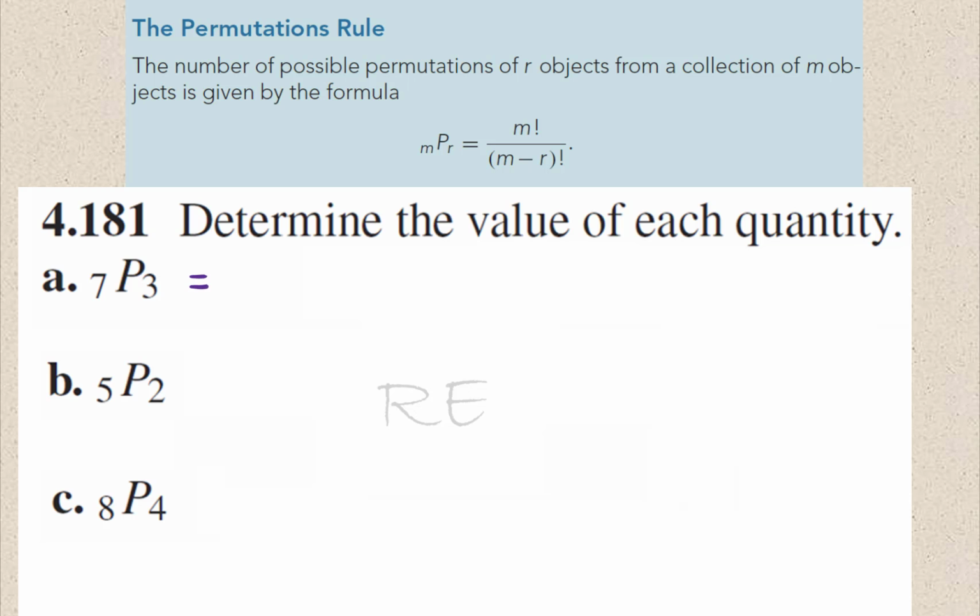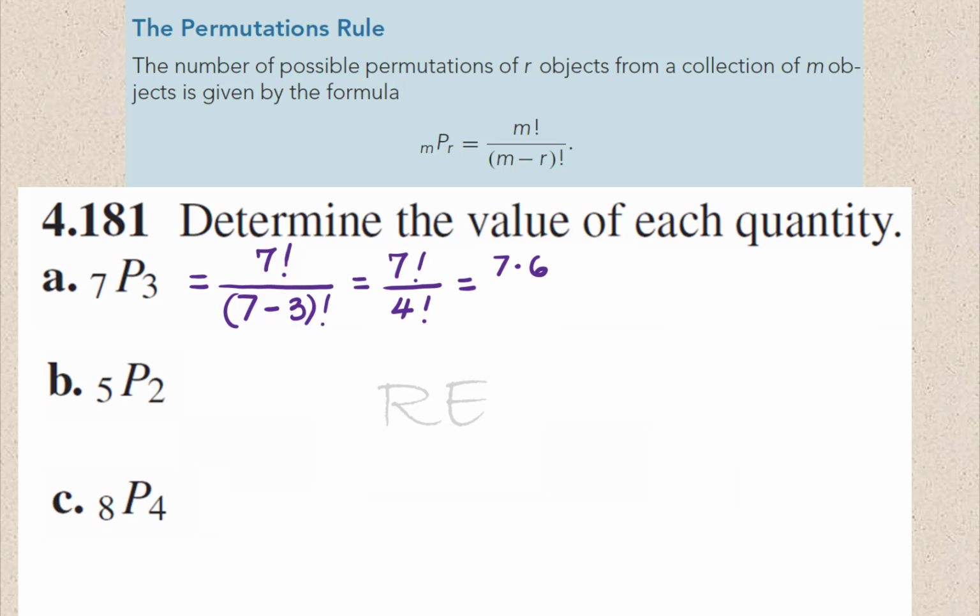To determine the value of out of 7, permute 3, it's going to be equal to 7 factorial divided by 7 minus 3 factorial. So 7 factorial, 7 minus 3 is 4, divided by 4 factorial.